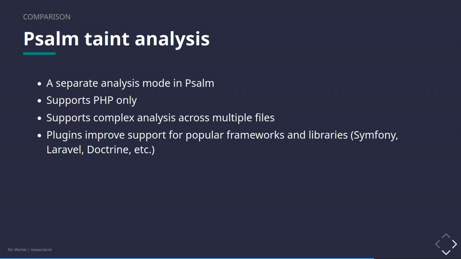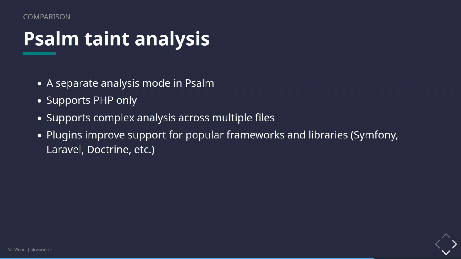If you're using some kind of framework or specific libraries, such as Symfony, Laravel, or Doctrine, there are plugins available for Psalm that can help it understand your application better. So that works quite well as well.